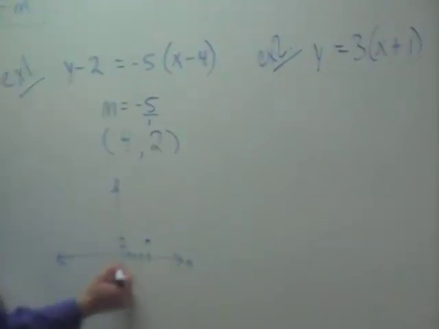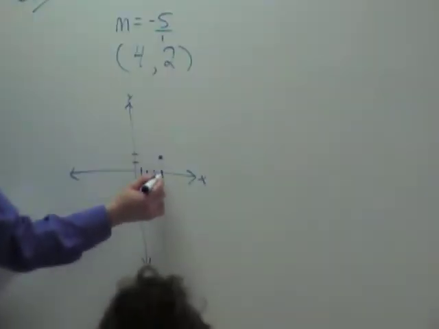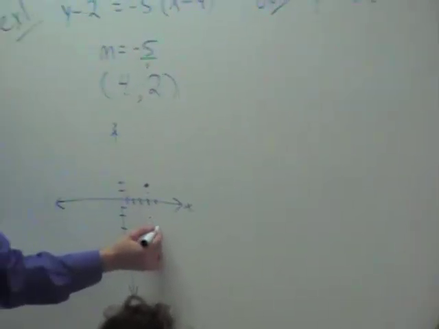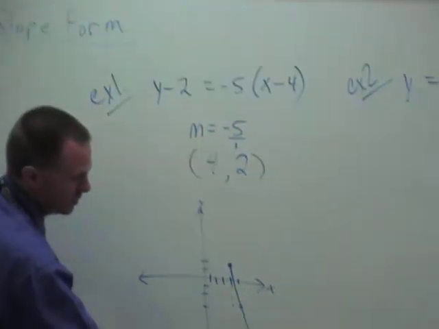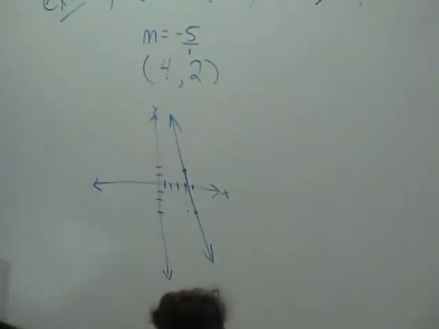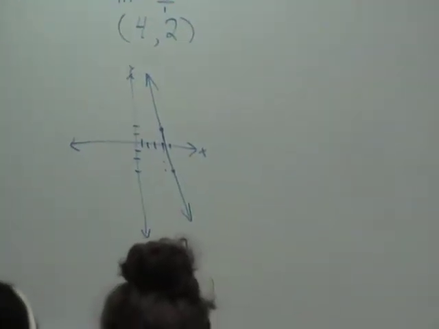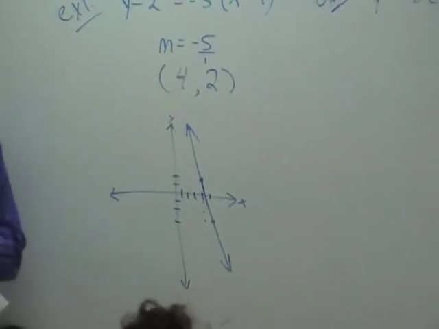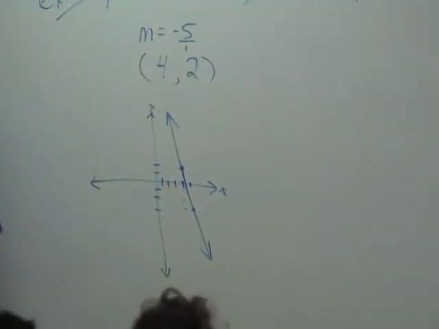If we rise negative 5, it's 1, 2, 3, 4, 5. We run positive 1, and that's your next point. So you have a point to start at, and you use your slope, rise over run, to get you to the next point. It's directions to the next point.